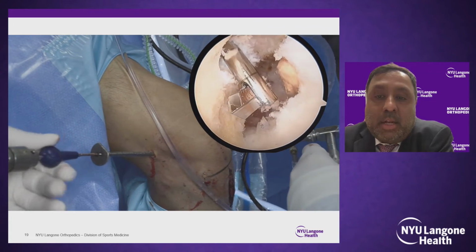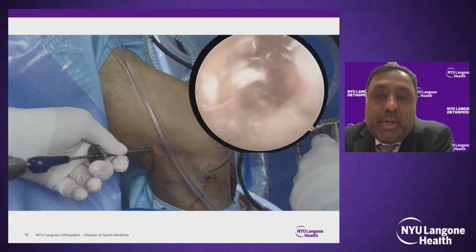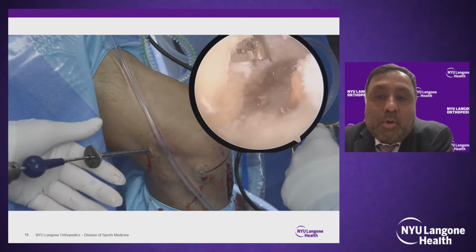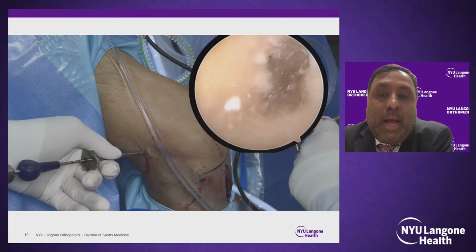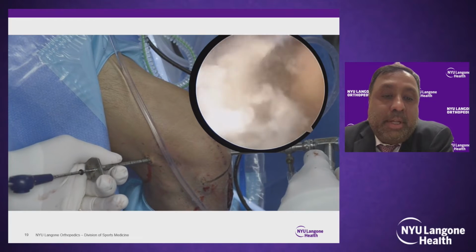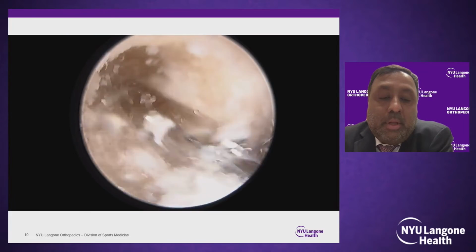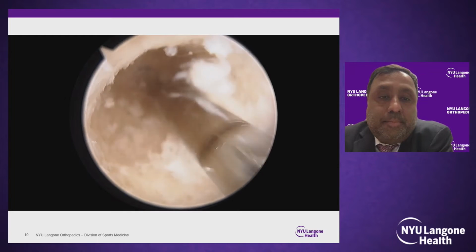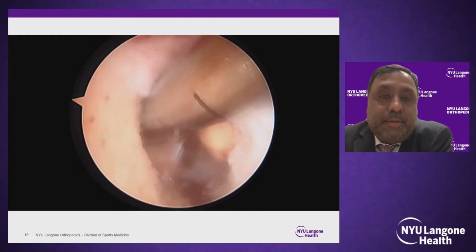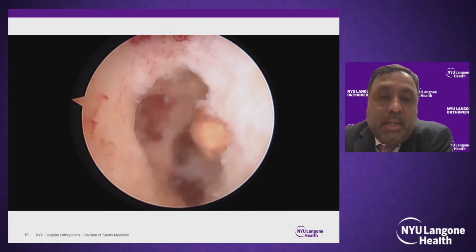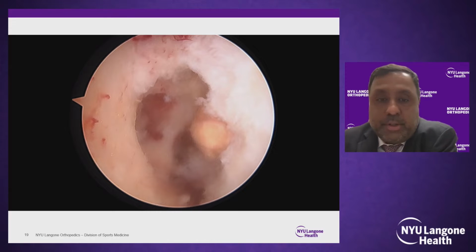In this case, an 11 millimeter tunnel was created. Referencing off that rubber grommet, the drill is pulled retrograde out of the knee, and the appropriate tunnel is created. The knee is flushed of all the debris, and again, you can see an anatomic placement of the femoral tunnel created in this revision setting.